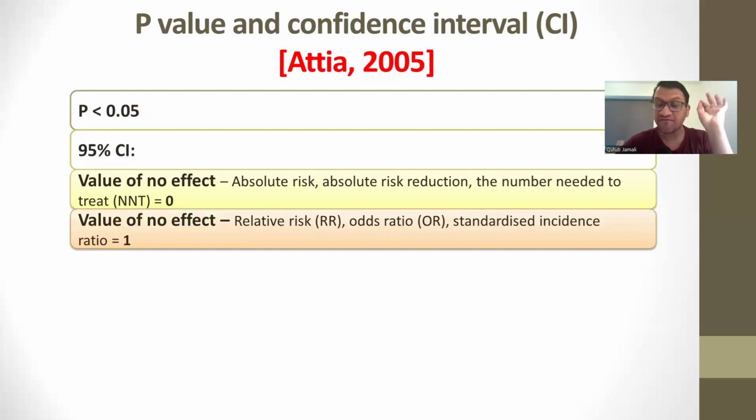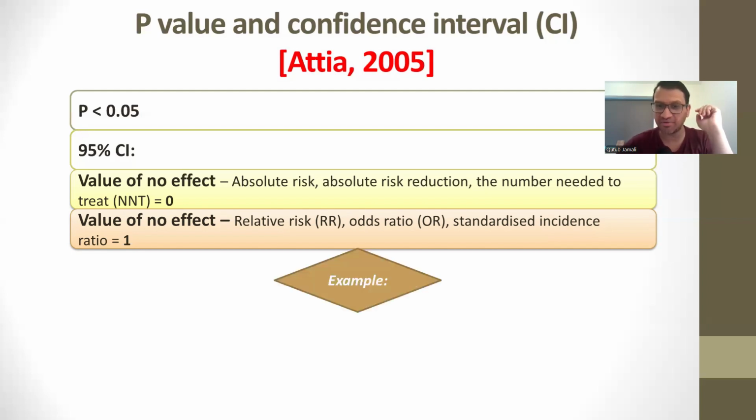However, if it is measuring the relative risk, odds ratio, or standardized incident ratio, then the value of no effect is 1, right? So when it comes to ratio, the value of no effect is 1. Okay. Now, why is this important? Because this is how you determine whether the confidence interval is statistically significant or not.